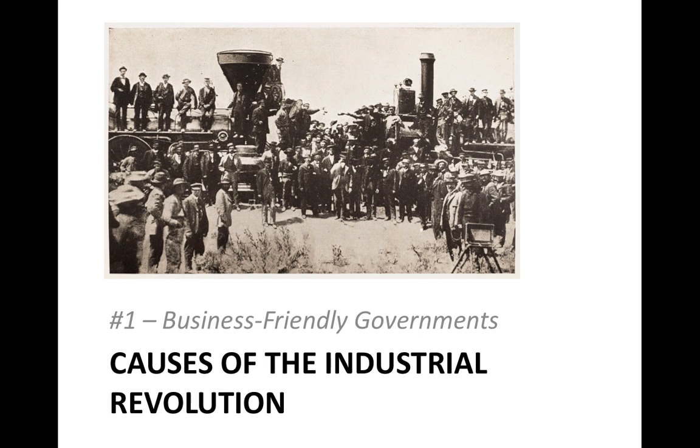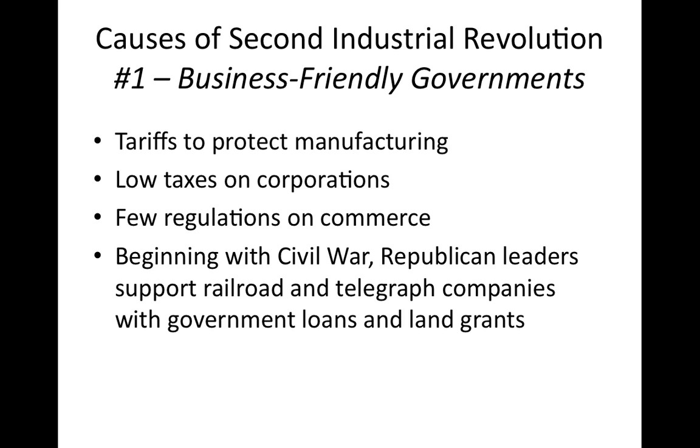The first major cause of the Second Industrial Revolution is the business-friendly governments. The federal, local, and state governments had a lot to do with it, and here's why. Number one, the federal government, which is in charge of tariffs or taxes on imported goods, continued to have, with the Republican Party at the helm most of the time during this period, tariffs that were designed to protect American manufacturing from competition with European manufacturers.